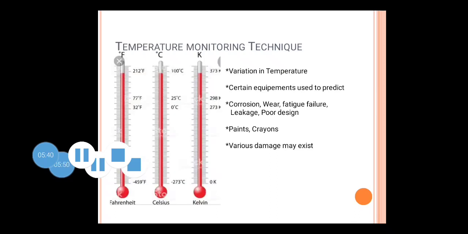Next one is the temperature monitoring method. This is very much important. In the temperature monitoring method, variations in the temperature of certain components of machinery can be used to predict failures, life of the machines, and the presence of corrosion, wear, fatigue, leakage and poor design.